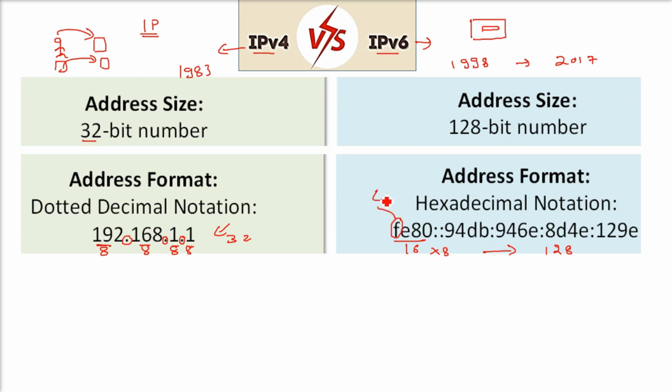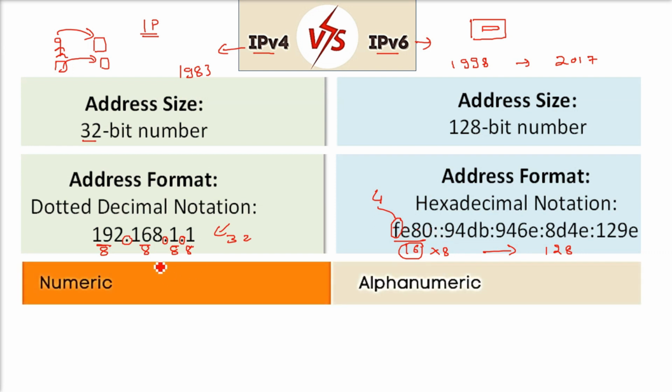And every hex digit, like F, is 4-bit. That is how 16 has come. How are they separated? They are separated by colon. This double colon is just a way to shorten the address, because it is a big address. But the main thing is, it is a 128-bit alphanumeric address. IPv4 is only numeric.